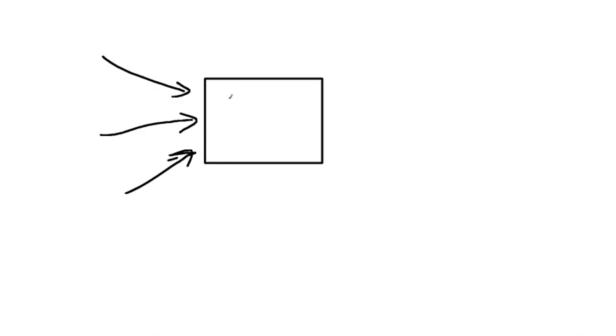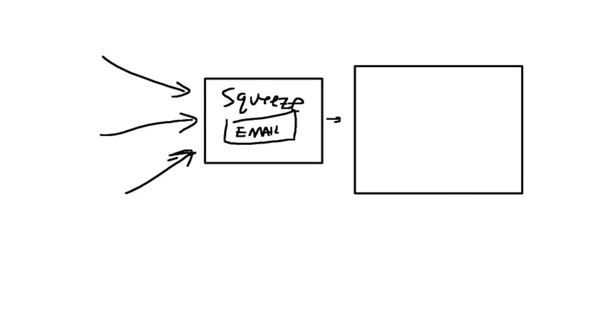Sometimes we call these squeeze pages or landing pages. We basically ask somebody for their email. They post their email in here, and then they're taken over here to a sales page. On the sales page, you ask them for some money, and that's how a typical internet marketing sales funnel works.